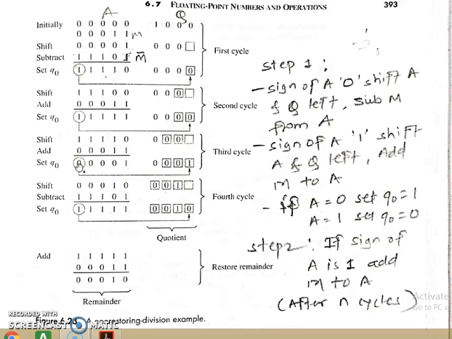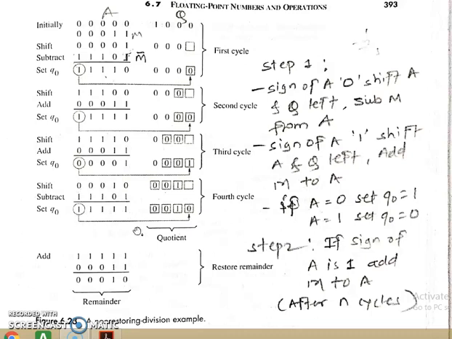Okay, and now as this sign is 0, we have to replace it with 1. Okay, now this 0 0 0 1 0 is added, or because this bit is 0, we have to subtract M from A. So we have to subtract it, meaning adding 2's complement. So 0 plus 1 1, 0 plus 1 1, 0 plus 1 1, 0 plus 1 1 1.